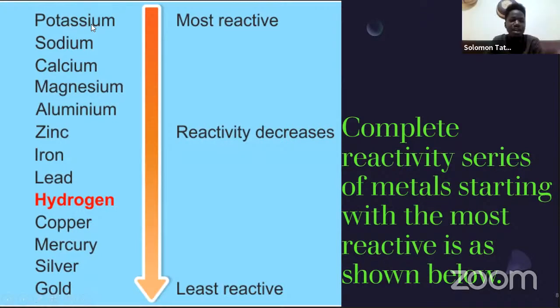We have potassium being the most reactive, then sodium, calcium, magnesium, aluminium, zinc, iron, lead, hydrogen, copper, mercury, silver, and gold. And that is the arrangement from most reactive to least reactive.